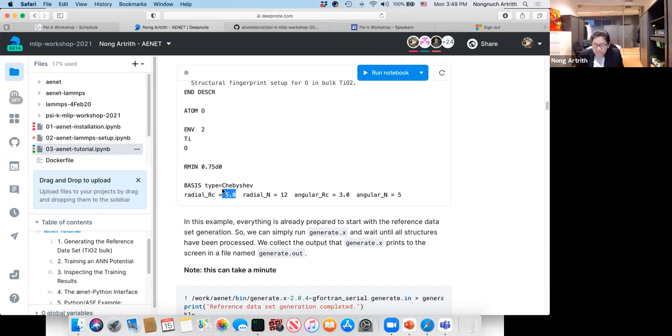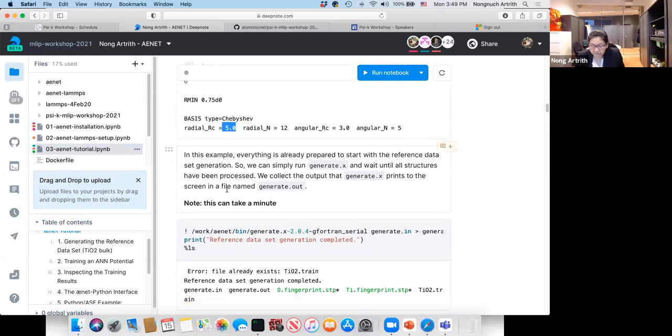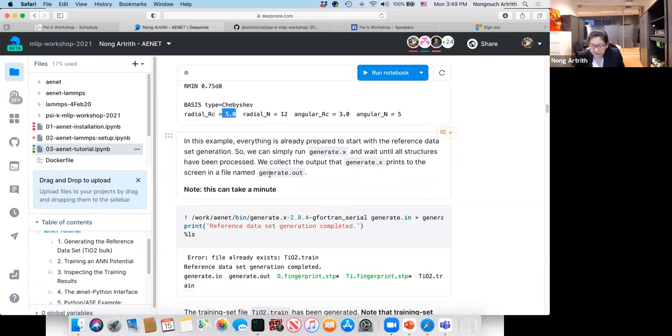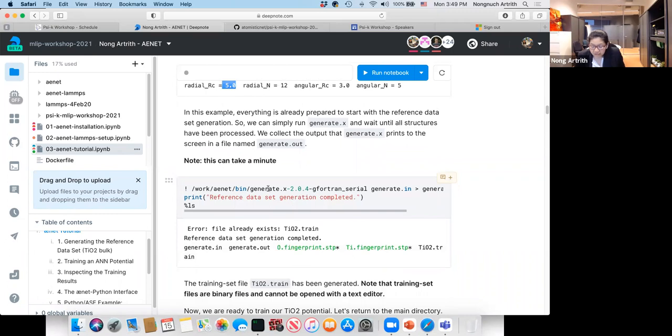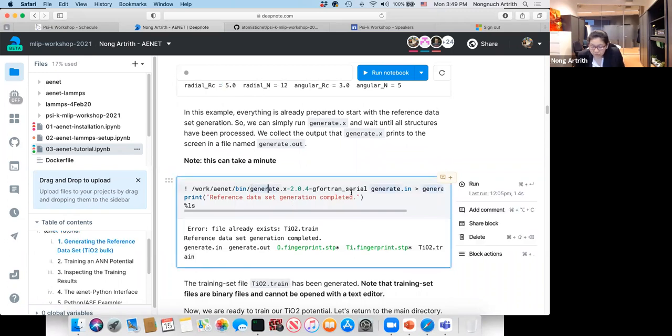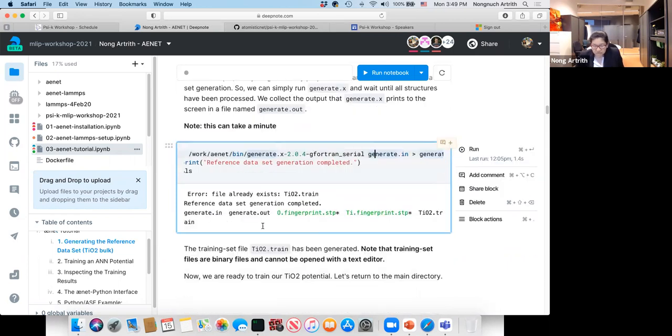This is just to make it really fast so everybody can test and try. And then this is how to run. This is our executable, in serial, and when we run it, the input is generate.in, and the output is called generate.out, for example here.